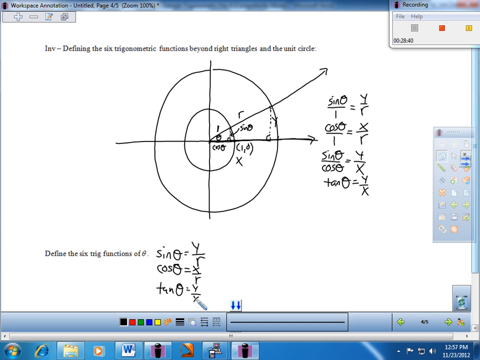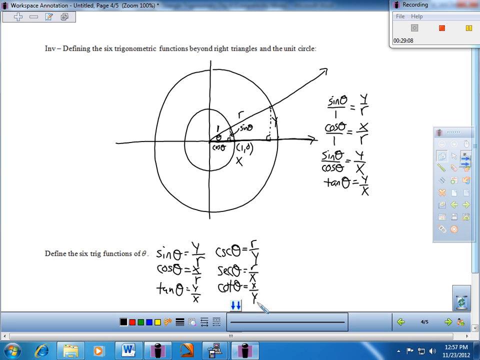Again, the secondaries we don't do a ton with, but we should know those as well, and we'll look at their behaviors too. But basically cosecant, my fault. Cosecant is r over y. Secant, everybody, r over x. And cotangent is x over y.